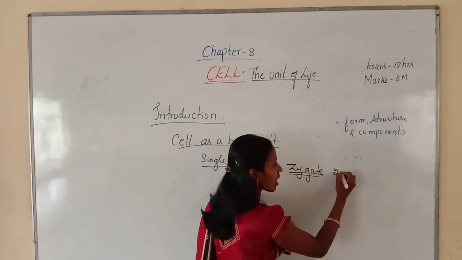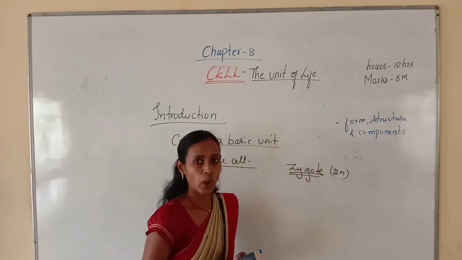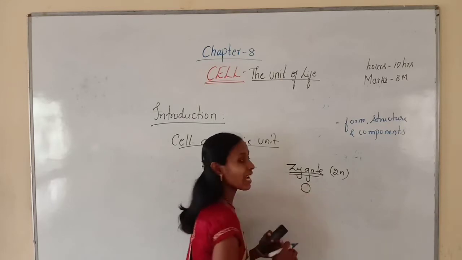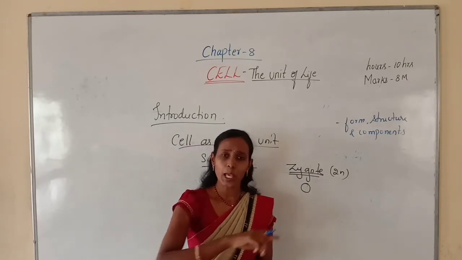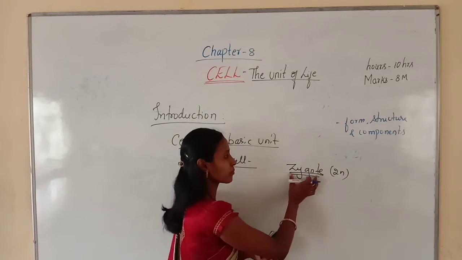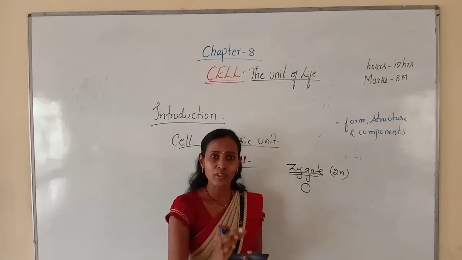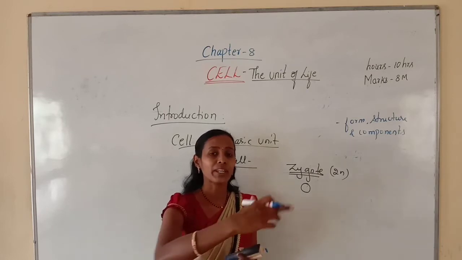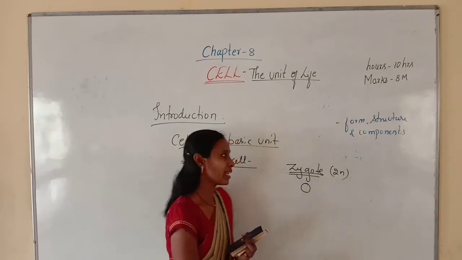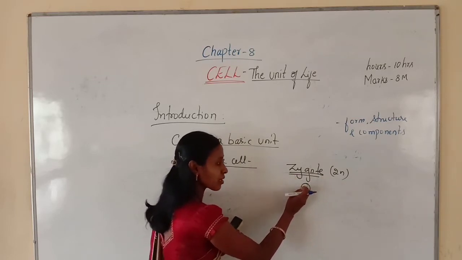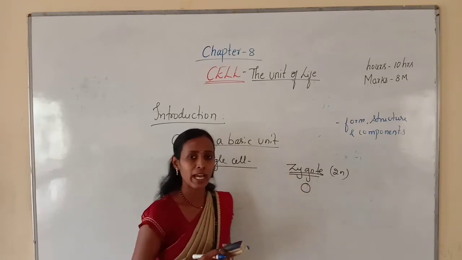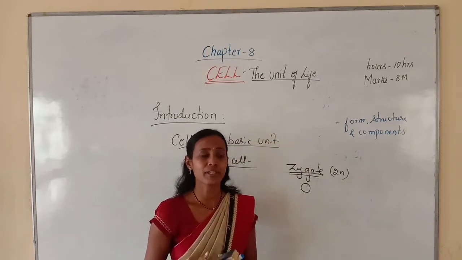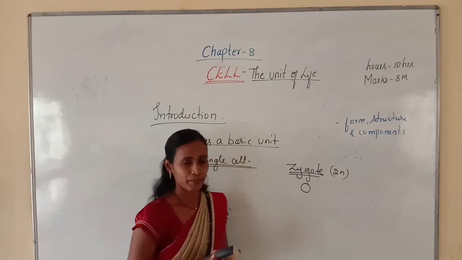This zygote is always diploid, but the zygote is always a single cell, which is capable of producing a new organism. From this single cell, the new life arises. We also started our life from a single cell.